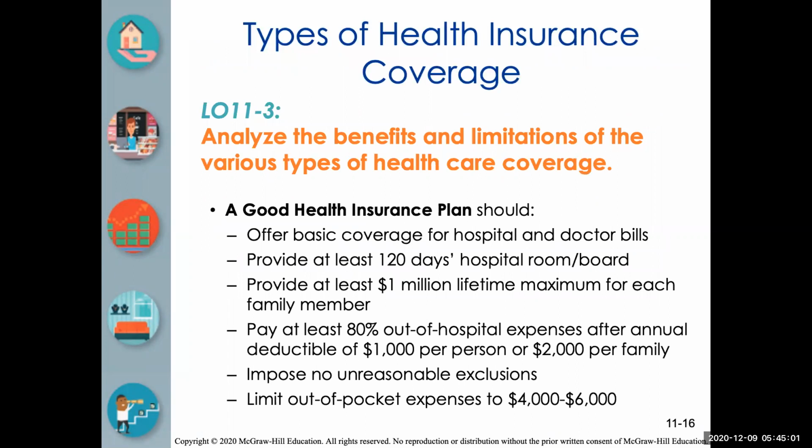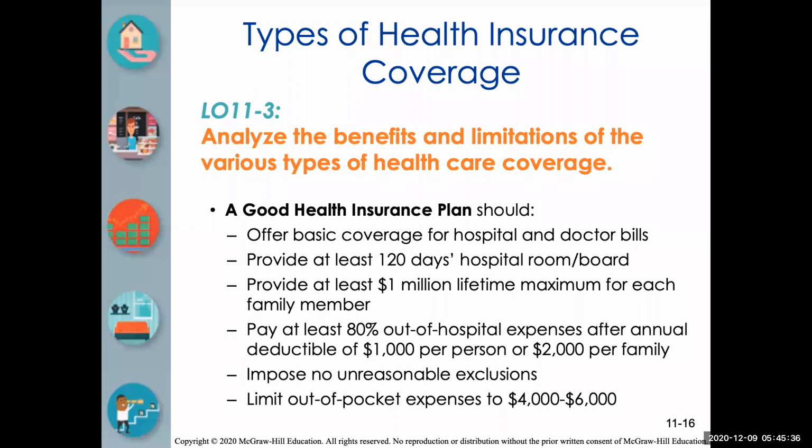So when we think about your life after academia, what should you be looking for in a healthcare plan? A good, decent plan is going to offer a number of things. It's going to provide basic coverage for hospital and doctor bills. You're going to have a copay, and that's it. You're not going to get hit with a litany of expenses. Go see your doctor, you pay 20 bucks. Go get your eyes checked, you pay $10.